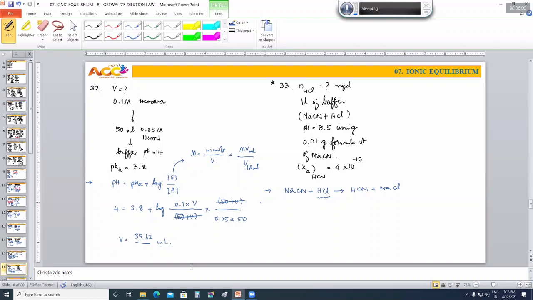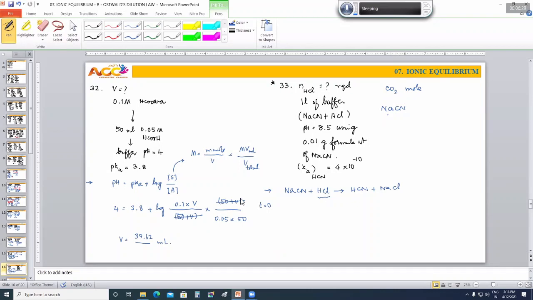For example, time t is equal to 0. There is 0.01 gram formula weight. What is gram formula weight? Gram formula weight means mole, right? Remember that in covalent compounds like carbon dioxide, the word mole is correct.